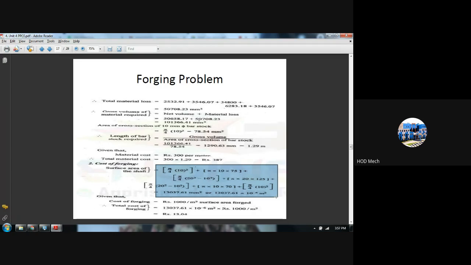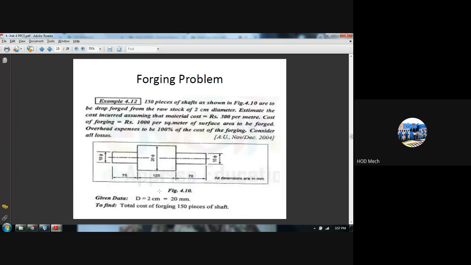There are 3 cylinder portions, there are 3 combinations of diameter, so you will be having 3 patterns. இங்க பாத்தீங்கன்னா இது ஒரு part A section, this is B section, and this is C section. So when you calculate it, you will get the surface area of the shaft. இப்போ ப்ராப்ளம் பாத்தீங்கன்னா it will be given cost of forging.